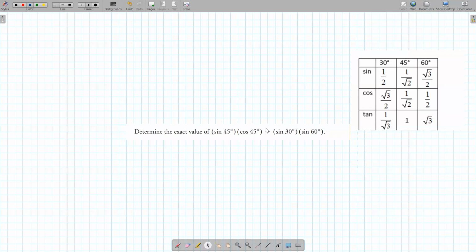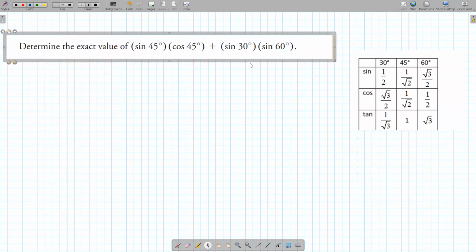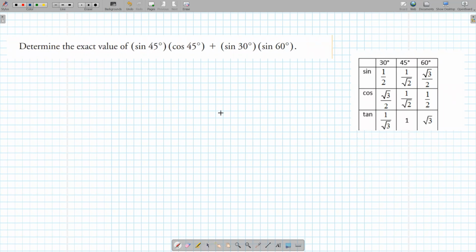Let's look at this question. Determine the exact value of this. Now, can you plug this in a calculator? What do you think? Yes. Why don't you try it? Why don't you plug this in a calculator and tell me what you got?